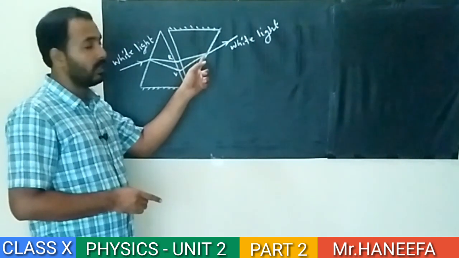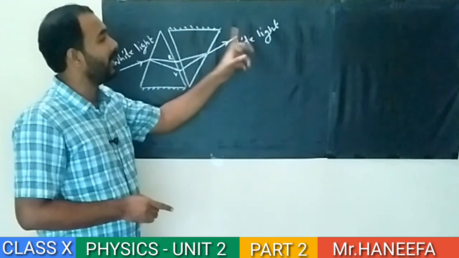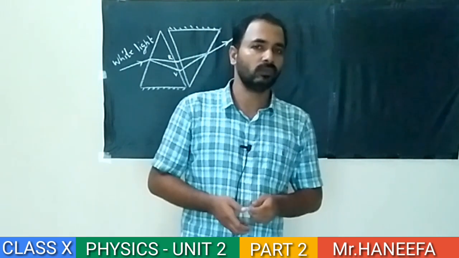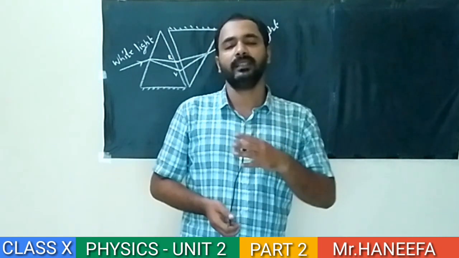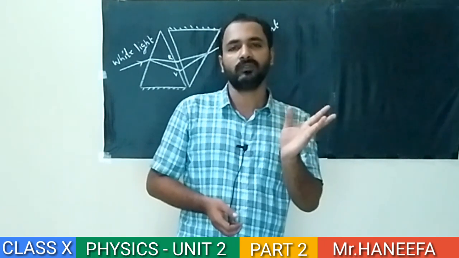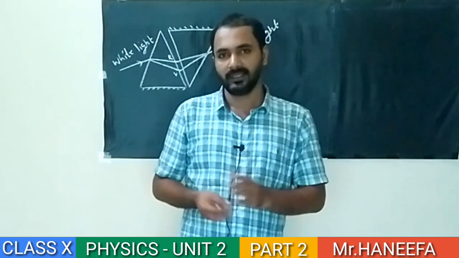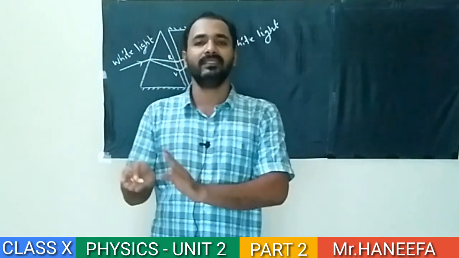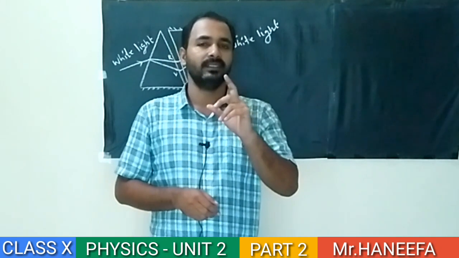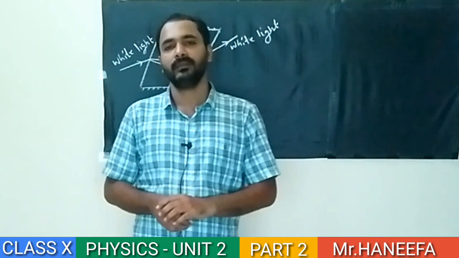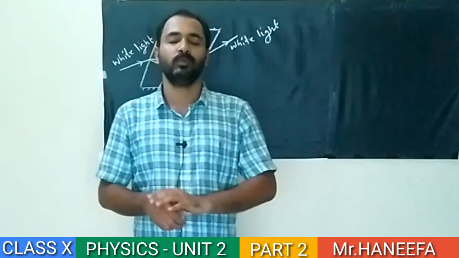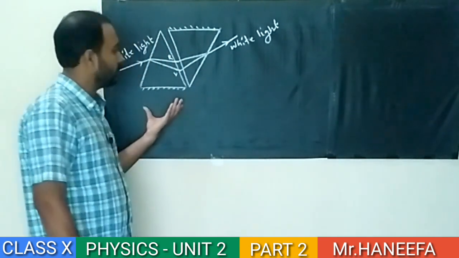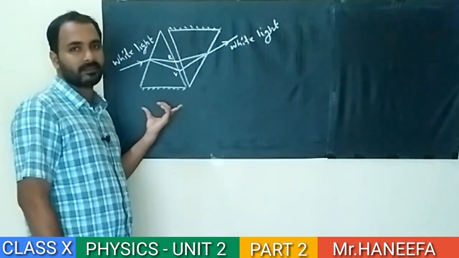His conclusion was that white light is formed on the screen. So first he explained the dispersion, splitting of white light into 7 colors. Then he combined these 7 colors into white light using another identical prism placed in an inverted position. This is the experiment done by Sir Isaac Newton.